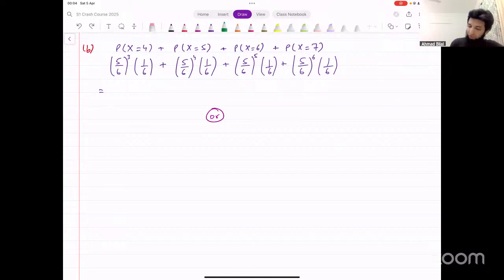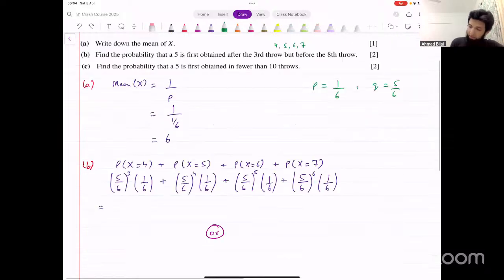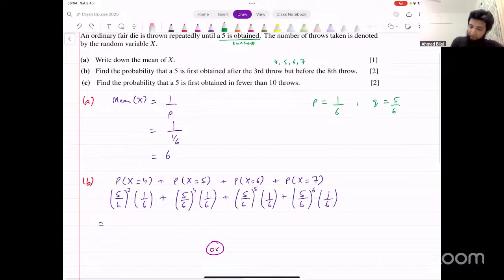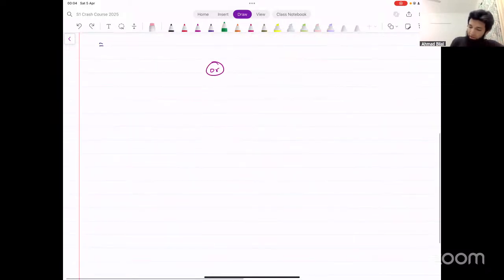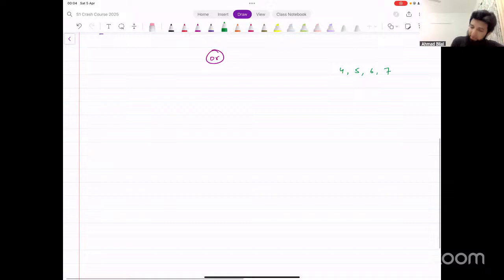So what we want is the first success after the 3rd throw, but before the 8th throw. So these are the 4 numbers that are possible: 4, 5, 6, and 7. The inequality formula that we have looks like this.